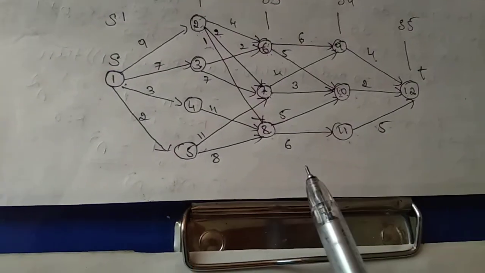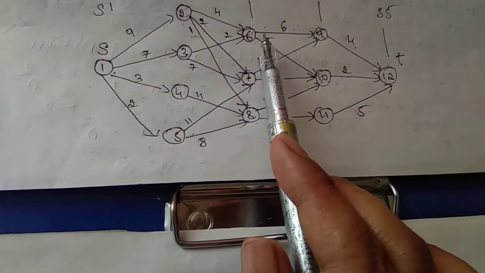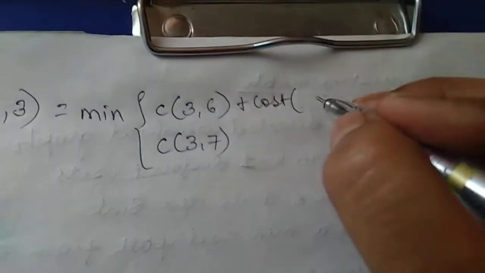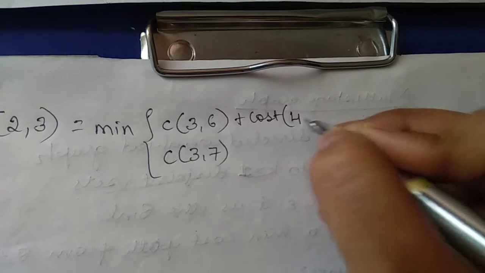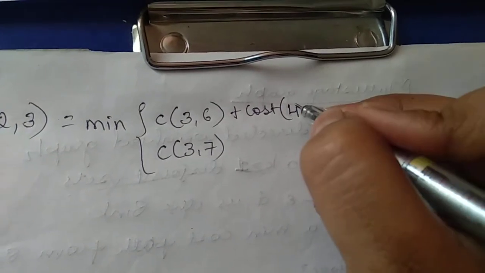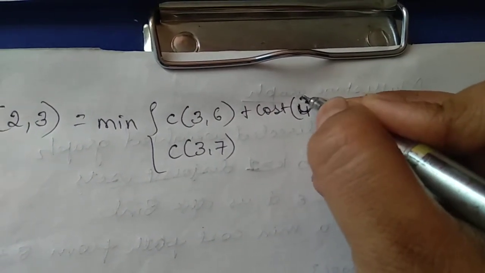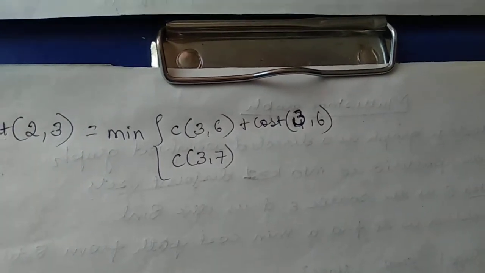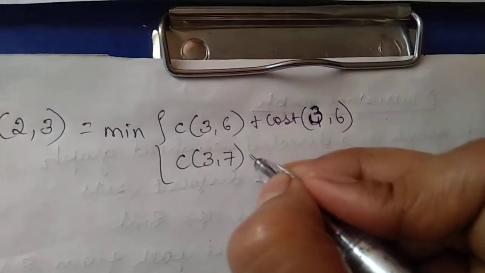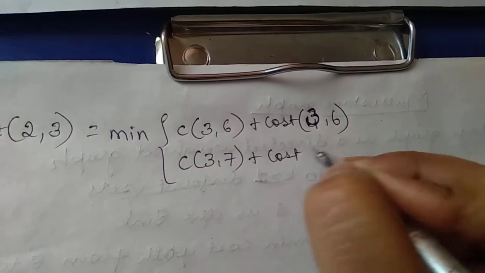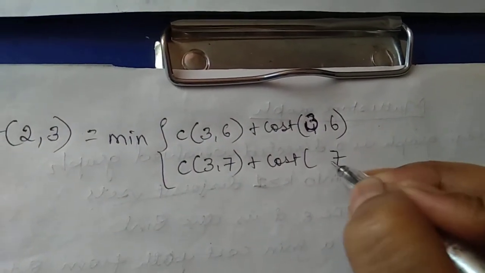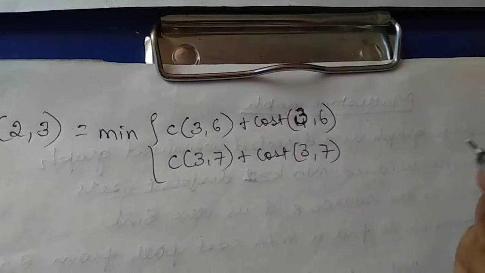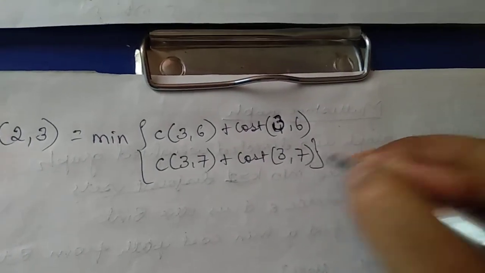Plus cost of the next vertex. From 3 to 6 I am taking first. 6 is present in 3rd stage. C of 3, 6 plus cost of the vertex 7, which is present in 3rd stage.